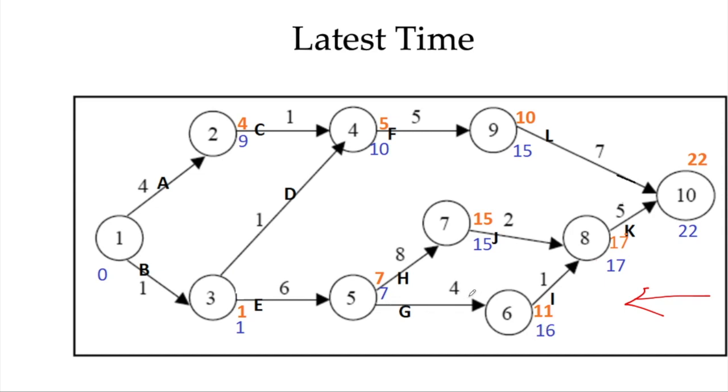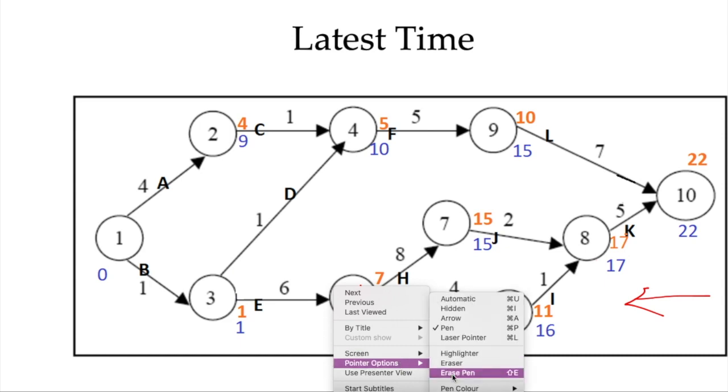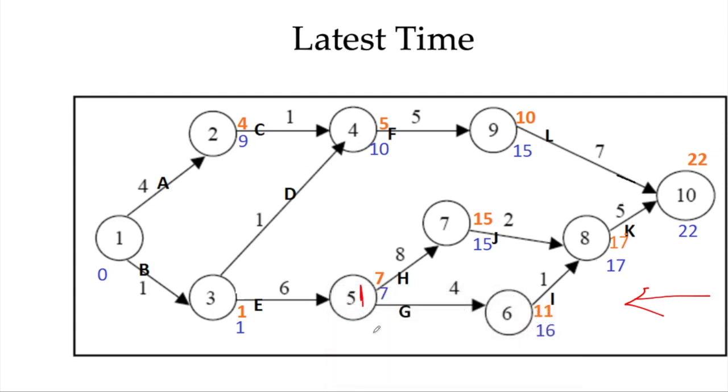So now along this path, the latest time here will be the minimum of, in this case, along this path it is 7, and along this path it is 16 minus 4, so 12.